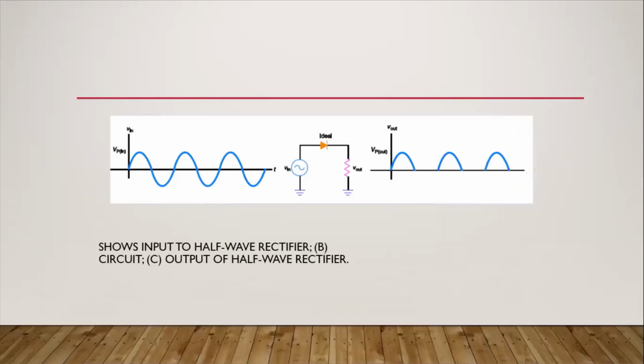Yung nasa right side, nakita natin na nawala yung negative alternation or negative portion ng sinusoidal waveform. That is the input to the half-wave rectifier. Then B natin ay yung circuit. Then yung C ay yung sa right side, yung pinaka-output ng half-wave rectifier. Okay, next.